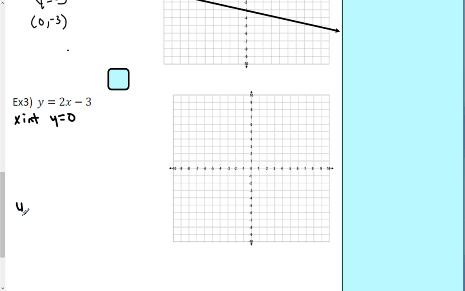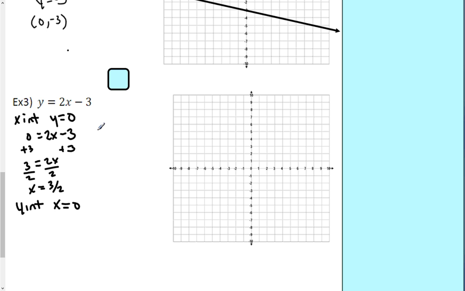For the y-intercept, x is equal to 0. So to find the x-intercept and make y equals 0, you get 0 equals 2x minus 3. Bring the 3 over, add 3 to both sides, right? We get 3 equals 2x, divide both sides by 2. We get x is equal to 3 halves, which is 1 1/2.